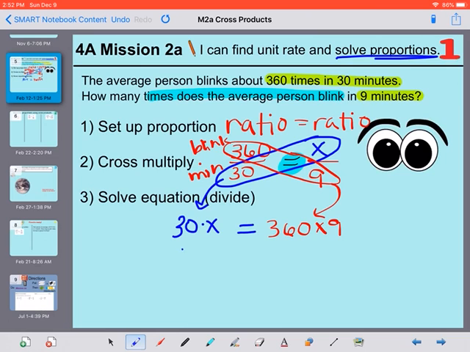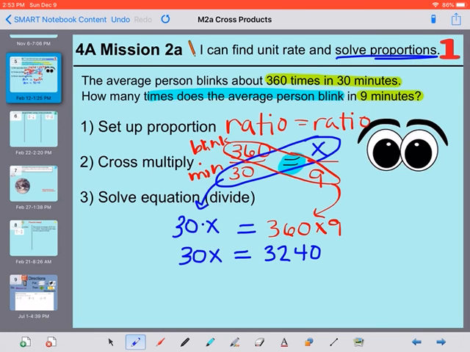So 30x is equal to 360 multiplied by 9. If I were you, I would just plug that in your calculator. 360 times 9 gives me 3,240.